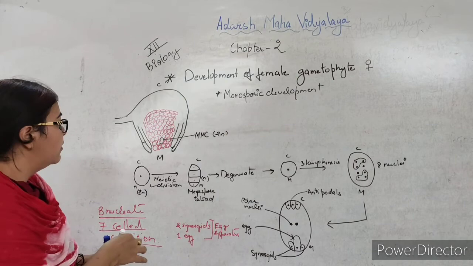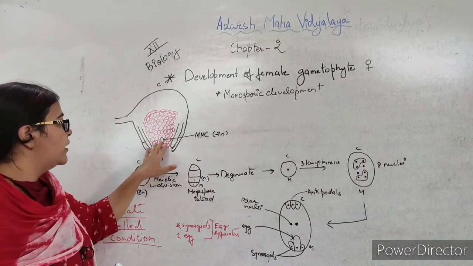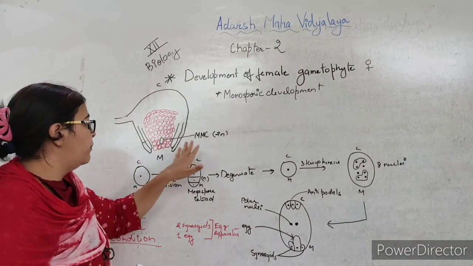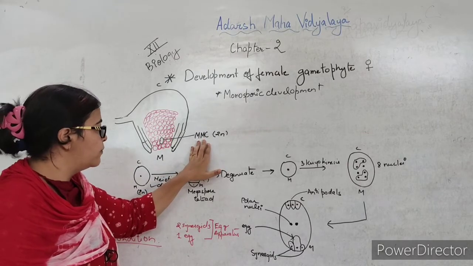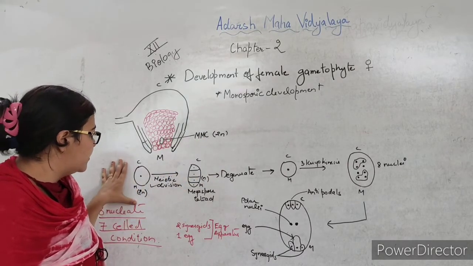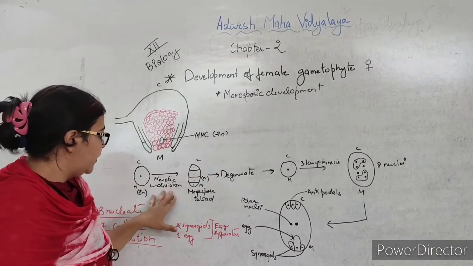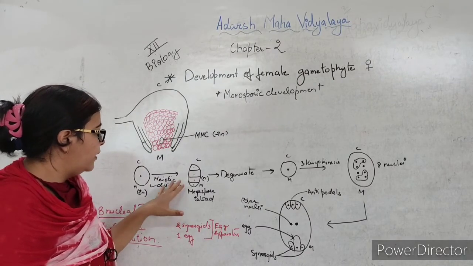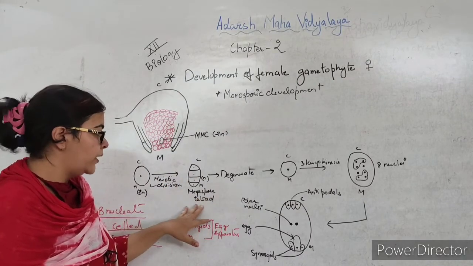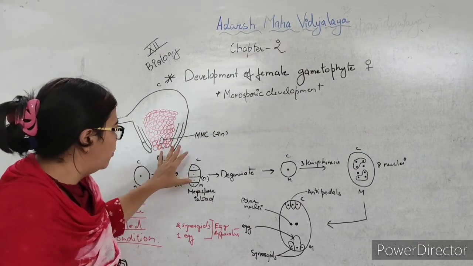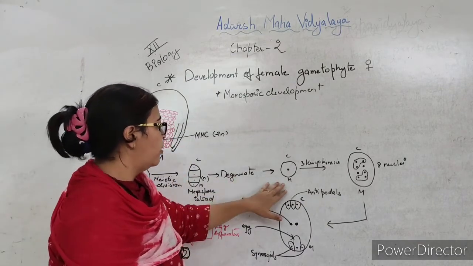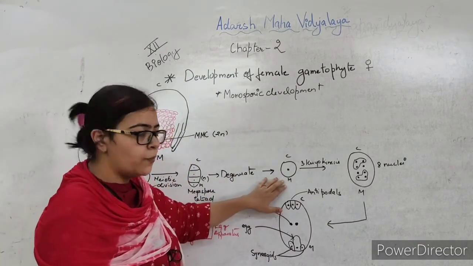So let's revise. One of the nucellar cells near the micropylar end will become the MMC, that is the megaspore mother cell. This megaspore mother cell will undergo meiotic division and form the megaspore tetrad. Now 3 of the megaspores will degenerate and we'll get a single functional megaspore.